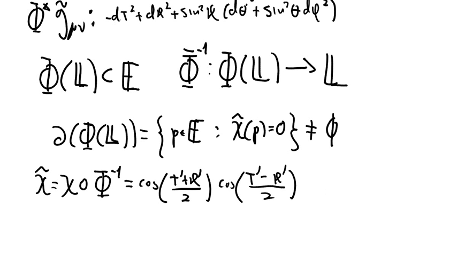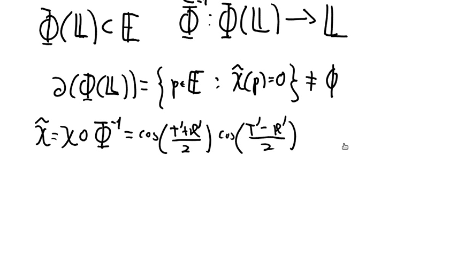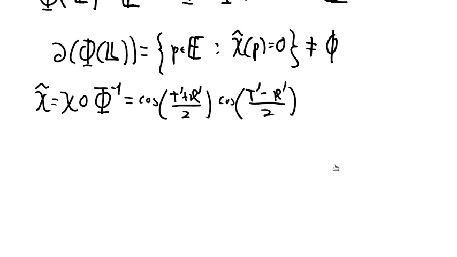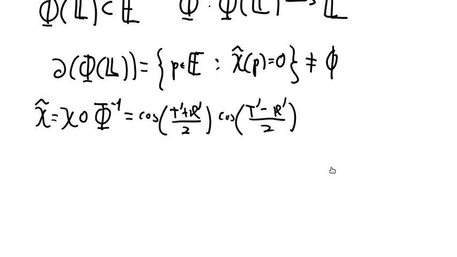Since this expression only involves two coordinates, we can just restrict our study to the two dimensions spanned by the plane T and R. So it's easier perhaps to draw a picture. Let us assume that this is T.